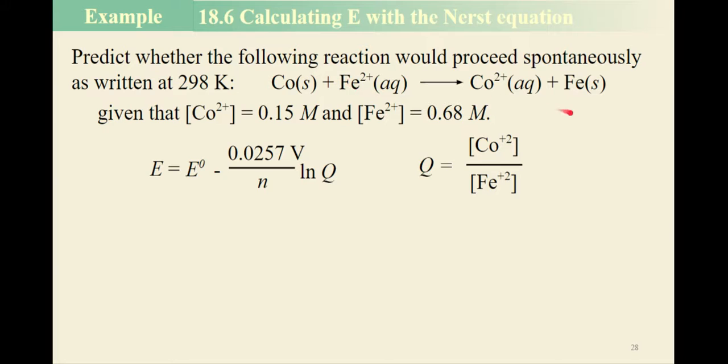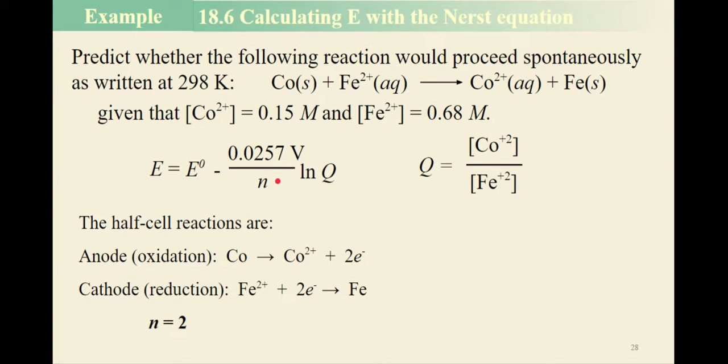But we never include solids or pure liquids, so really the only thing we're going to include is the aqueous species. So the cobalt ion over the iron ion concentration. And look, we have those right here. Yep, that's easy.